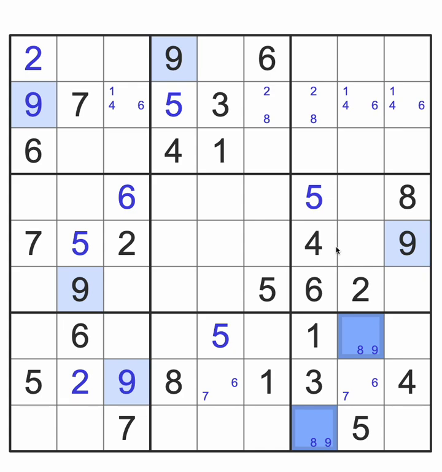So the next step is quite interesting for me. Now looking at column 7, which is missing 2, 7, 8, 9. And this cell can only be 8 or 9.